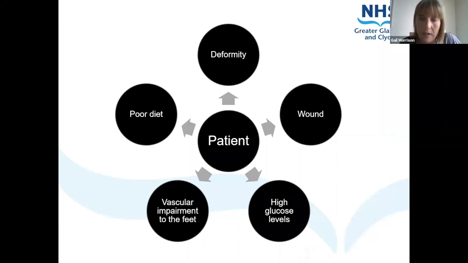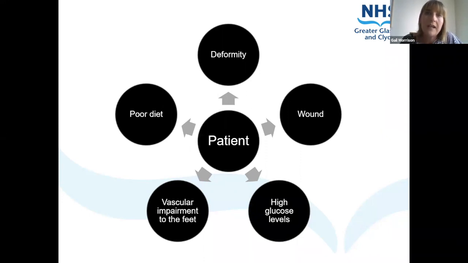So we've got a patient. They have deformity, they have a wound, they have high glucose levels, they have vascular impairment, and they have probably a poor diet. So the person presents to another healthcare professional, and they might be able to deal with one aspect of this, but there is no healthcare professional that can deal with all of these aspects.